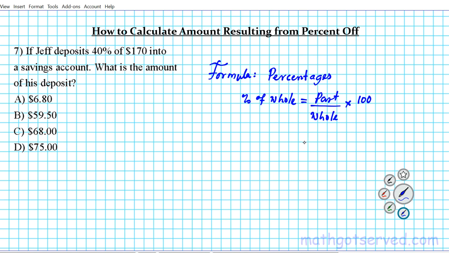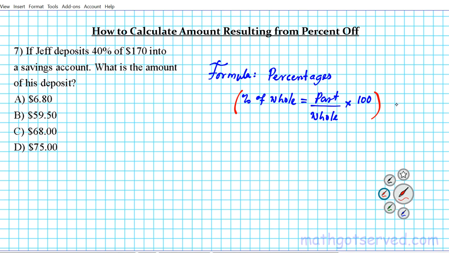Now, we can carry out some algebraic manipulations to this formula to derive the formula that we need for this particular problem, which is the part of the whole. So how do we get that part isolated? In order to get that part, which is the amount resulting from the percent of, we can get rid of this 100 and this whole on the right side of the equation.